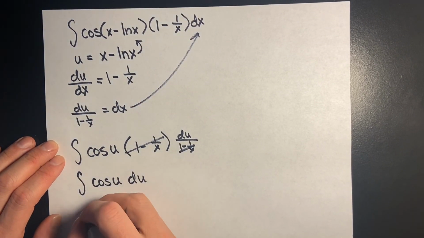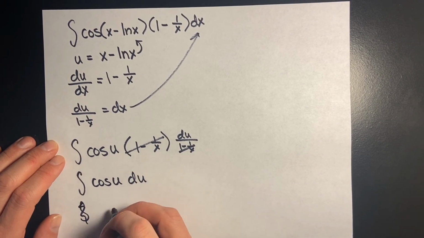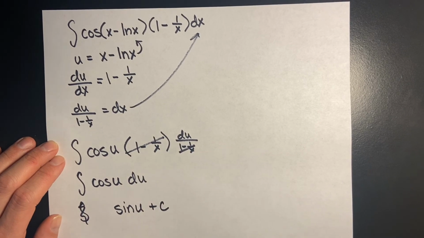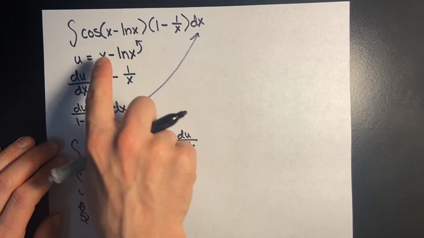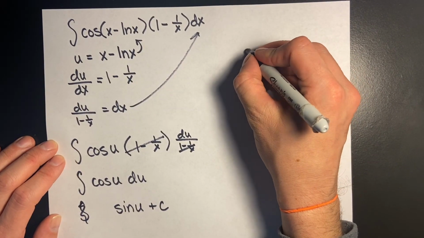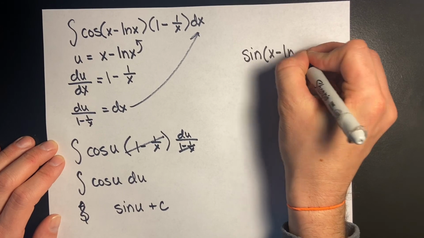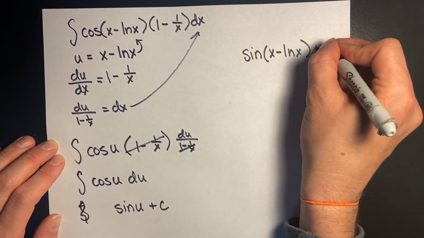The integral of cos u is sine u plus c. u is x minus ln of x. So sine of x minus ln of x plus c.